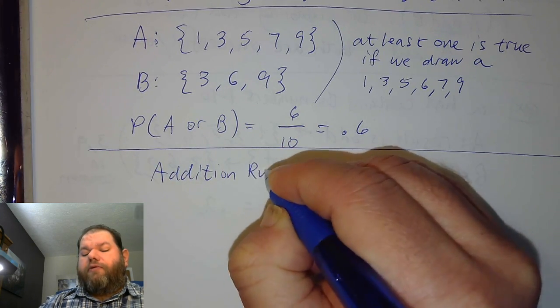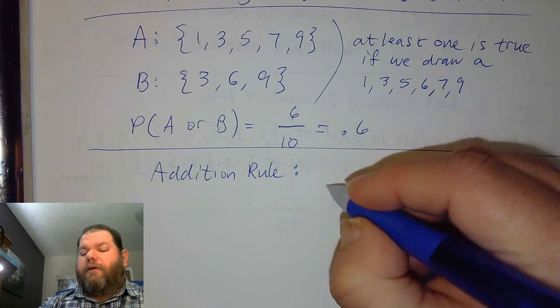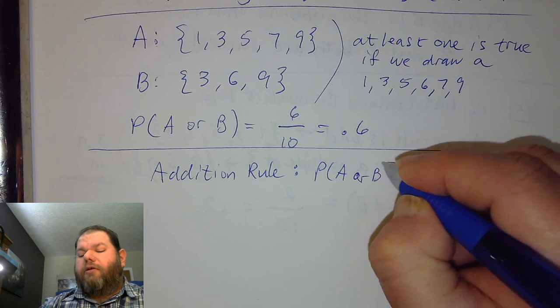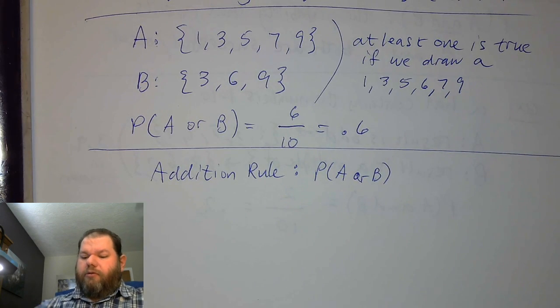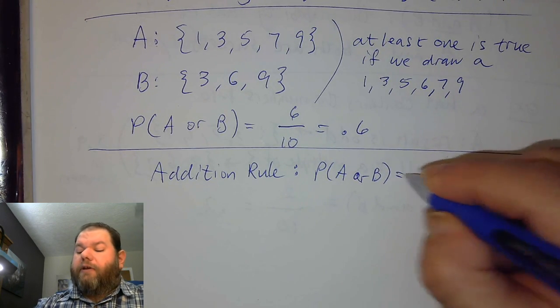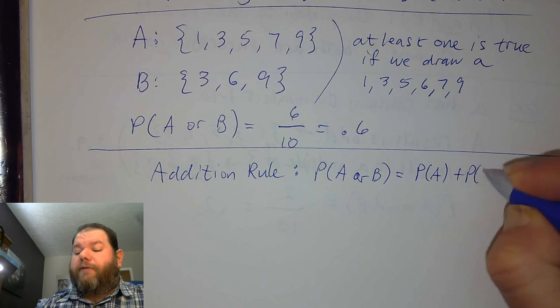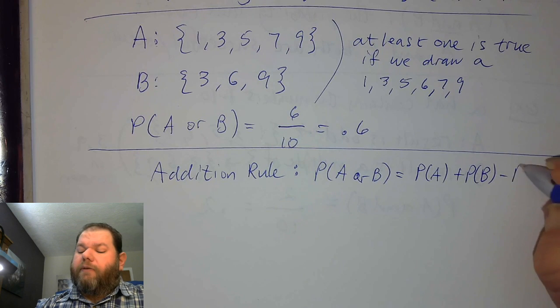So our addition rule says that the probability of A or B is equal to the probability of A plus the probability of B minus the probability of A and B.